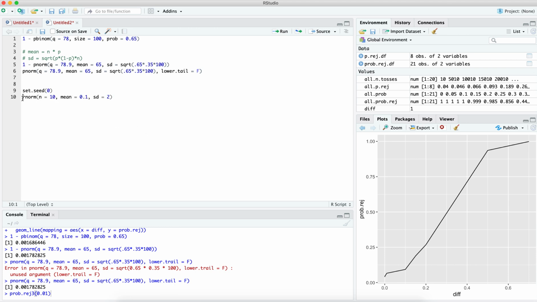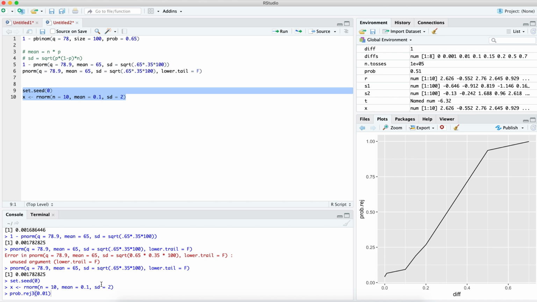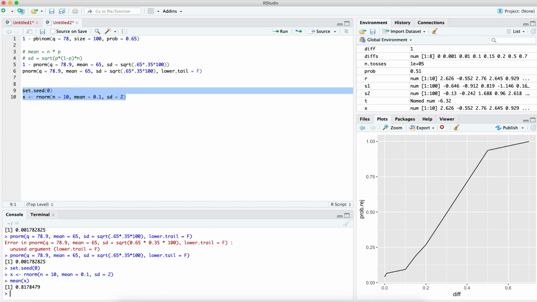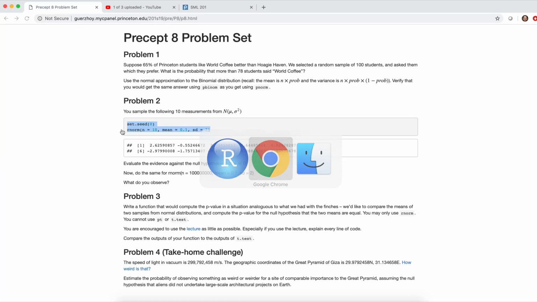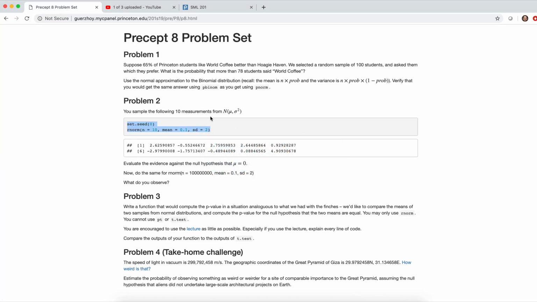Let's save that as x and look at those numbers. The mean of x is 0.81, and the SD of x, which we can compute, is apparently 2.4.